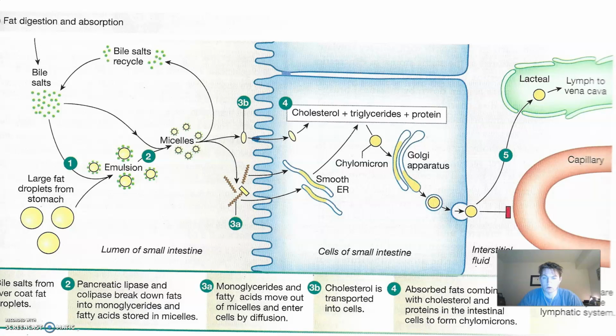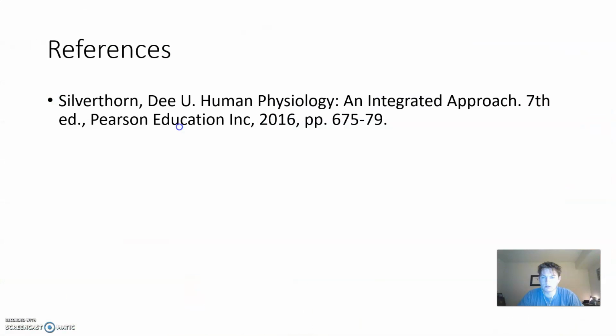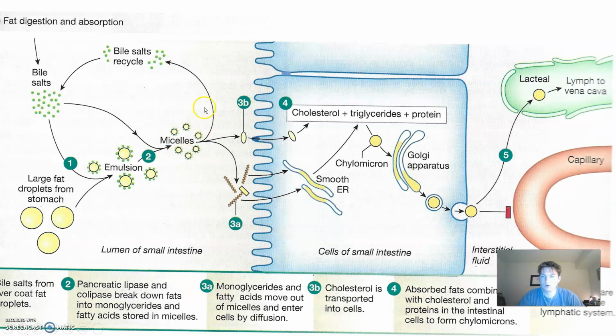The cells of the small intestine are also called enterocytes, which is a good term to know. The cholesterol is actively transported into those enterocytes. And the bile salts are reabsorbed in the enterohepatic system. Around the distal ileum, before the large intestine, the bile salts are reabsorbed and brought back to the liver.